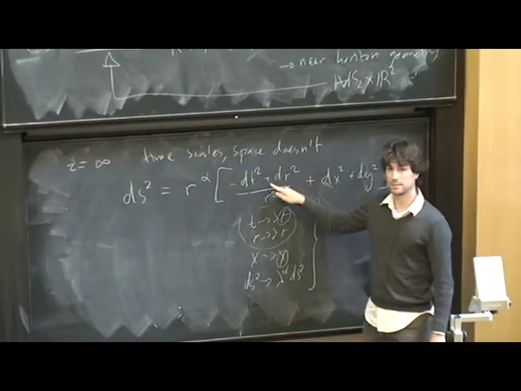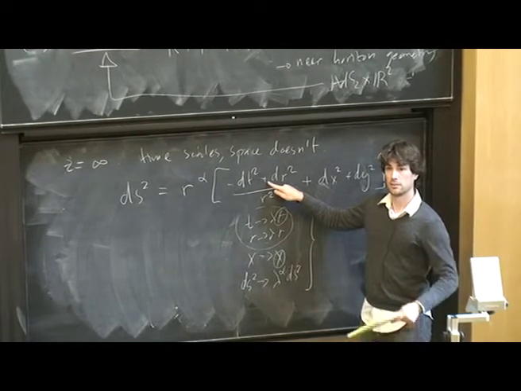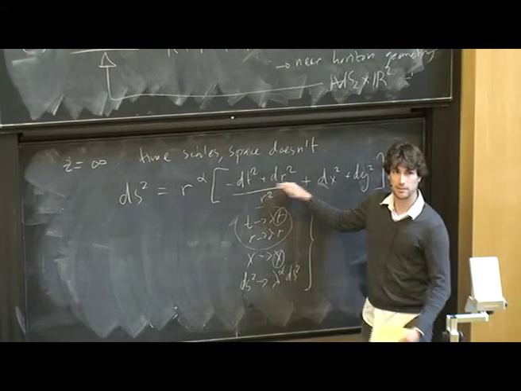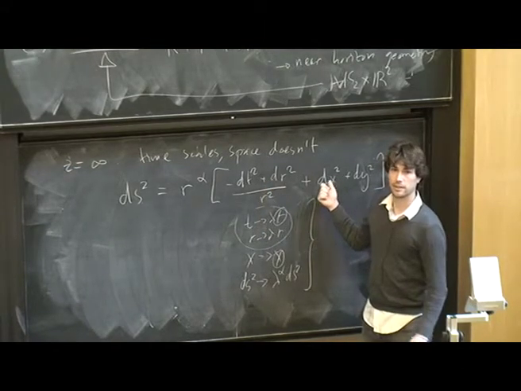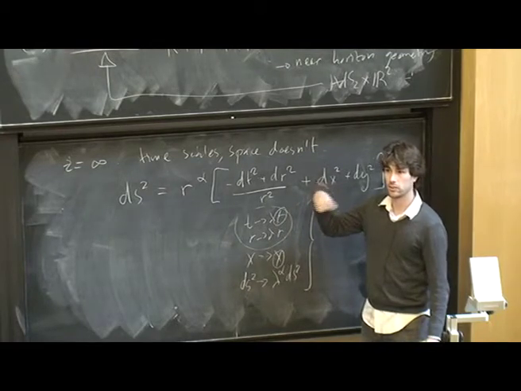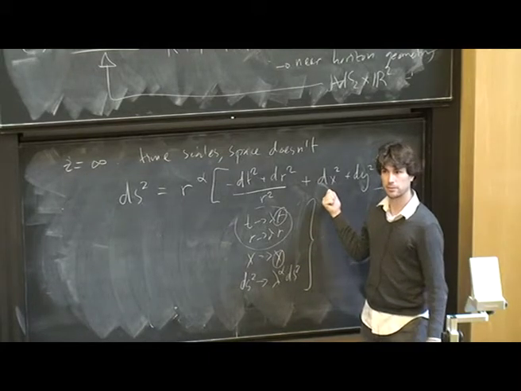That appears as a mass in AdS2. And as you know in AdS/CFT, the scaling dimension depends on the mass, right? So the scaling dimension depends on k in this case. It's like in AdS5 times S5, the scaling dimensions depend on the harmonics on the sphere, on the S5. The S5 now becomes this guy.